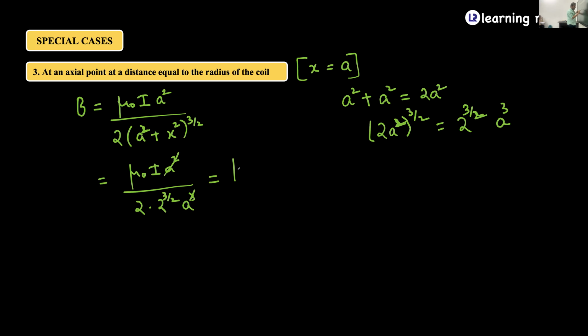You will have mu naught I divided by 2 power 5 by 2 times a. And this is the value when you calculate at an axial point which is exactly at a distance equal to the radius of the coil. These are the three special cases with respect to the same circular current carrying loop. Right. So I can make a note of it.